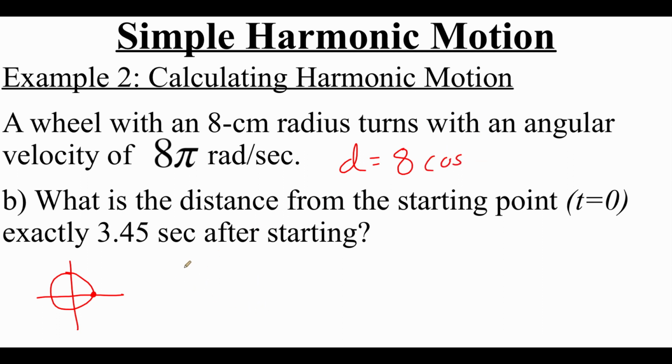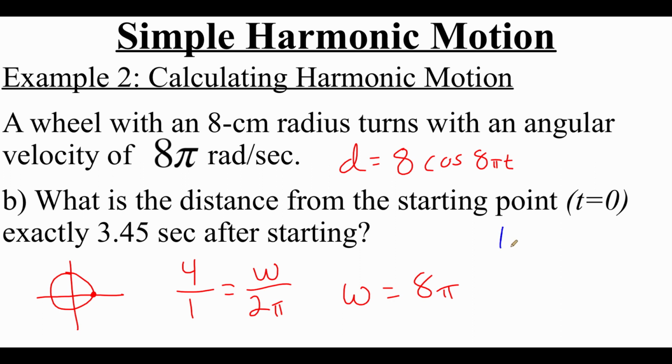In the previous example, we found out that our frequency was 4 rotations every 1 second. So to find that omega value, we take omega over 2 pi to find the frequency. If we do some cross multiplying, 1 times omega is omega, and 4 times 2 pi is 8 pi. So that omega value is going to be 8 pi, and then we multiply that by t. Now, to find the distance from the starting point, we plug 2 separate values into our equation.